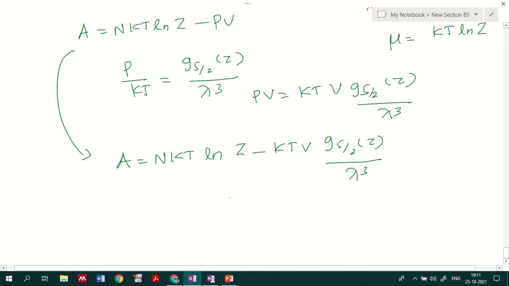So in this fashion I can write the representation. This is the Helmholtz energy representation we have now. Now we'll have the number of particle representation, that is (N minus N0) by V. N minus N0 divided by V equals g_{3/2}(z) divided by lambda cubed.